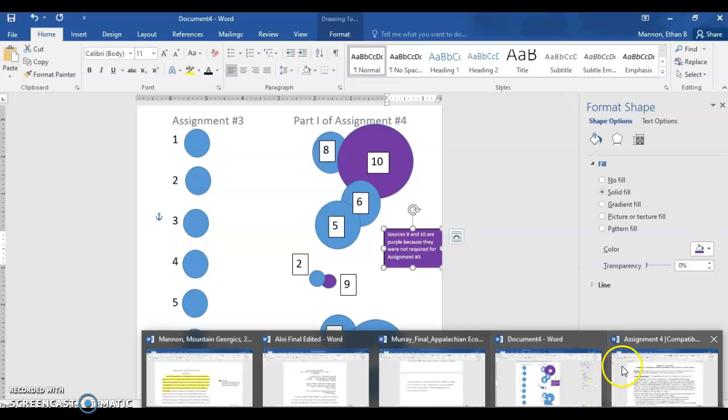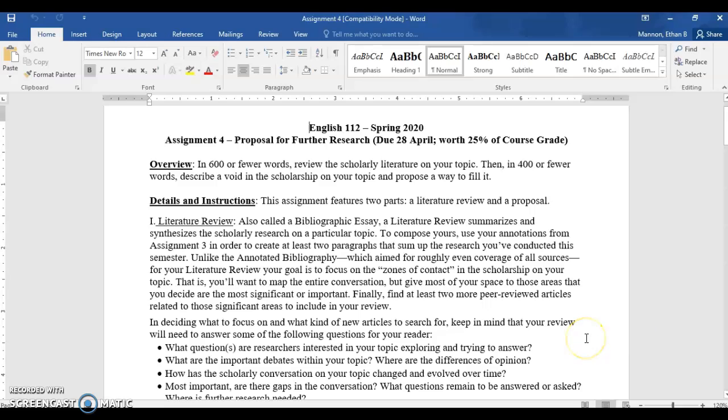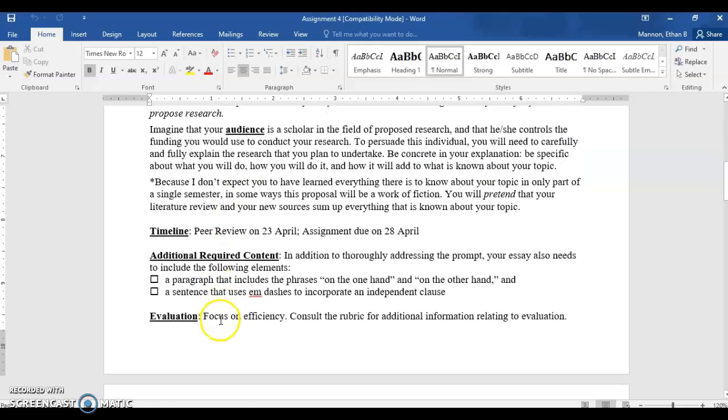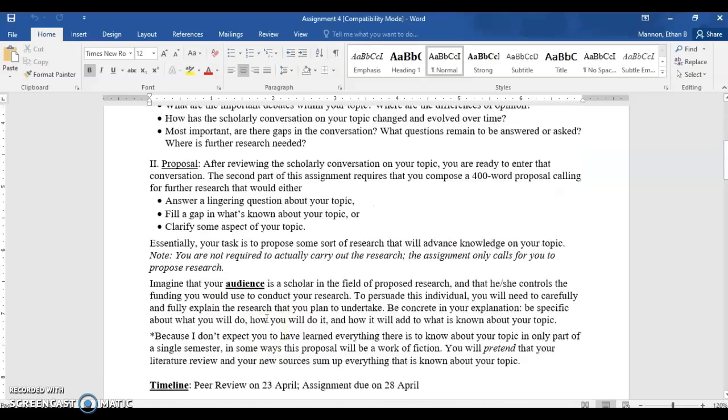Now, I also wanted to hit just a few of the other high points about assignment number 4. So again, we're looking at a quarter of the course grade because we're working with fewer assignments than we were before COVID struck, so be sure to make a note of that. Also, some very strict word limits, and eventually I'm going to tell you to focus on efficiency.